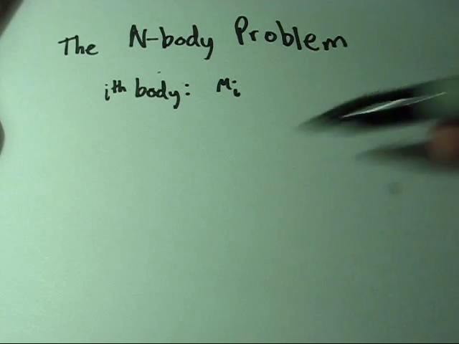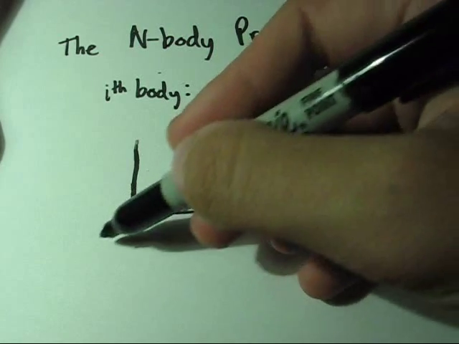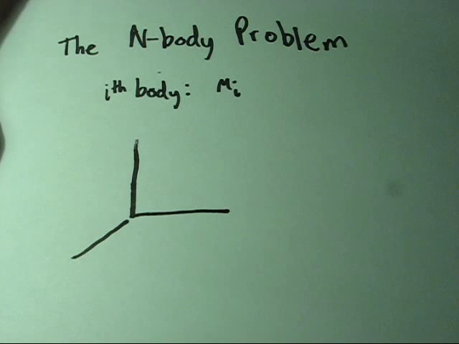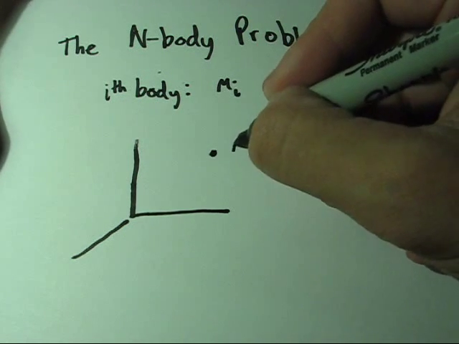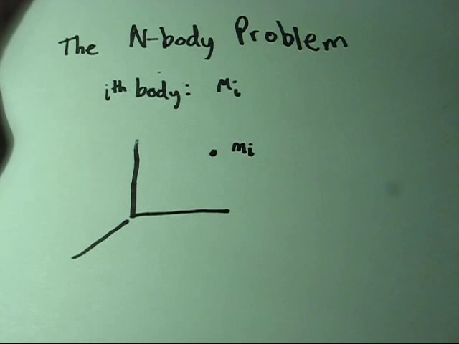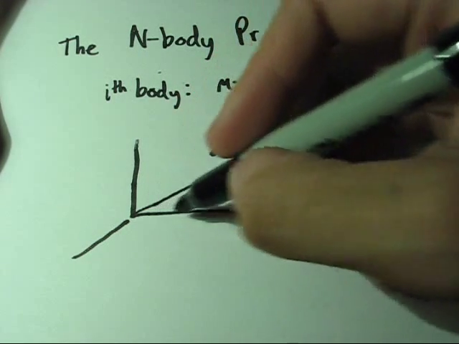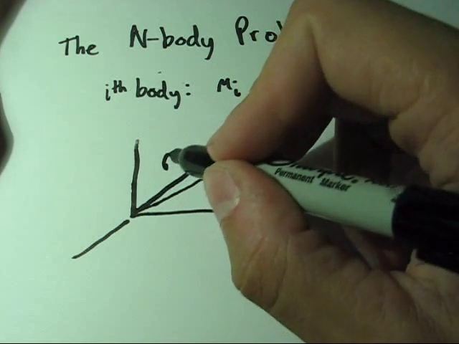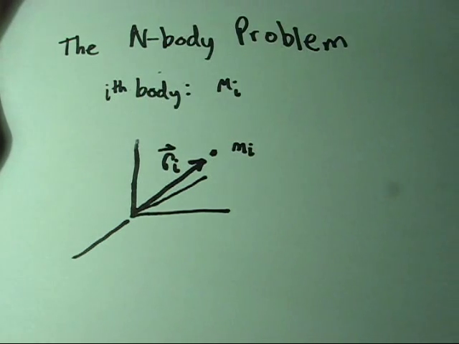Okay, so the coordinate system, let's just do a simple x, y, z thing here. And so you've got your mi, your ith body, and you've got an r vector pointing to it. So that's Ri. And put a little arrow over it because it's a vector.